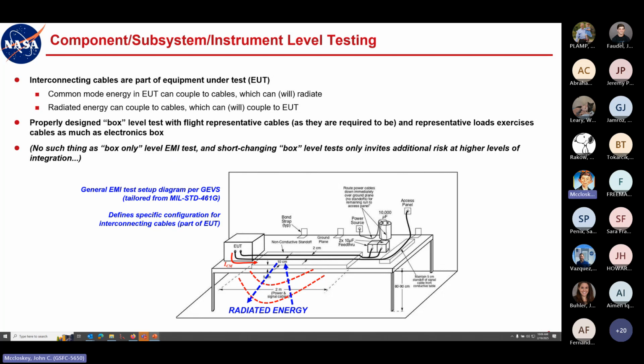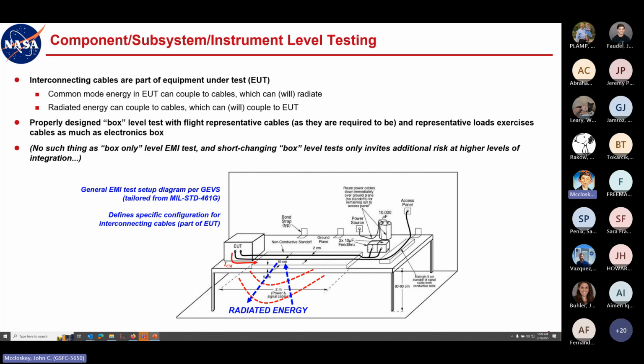It's once you get up into the gigahertz range that the box itself, like seams on the box and things like that, will be your most efficient radiators. But the significant part here is that once you connect cables to this box, they will sing in that lower frequency range, because they're longer and at their resonant length. They will be resonant at lower frequencies than anything in the box by itself will be.